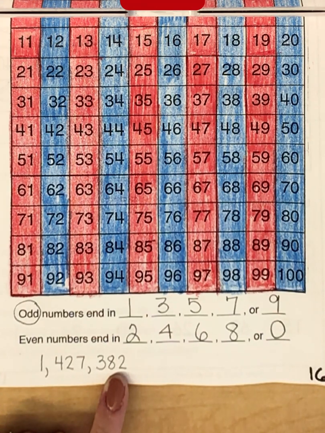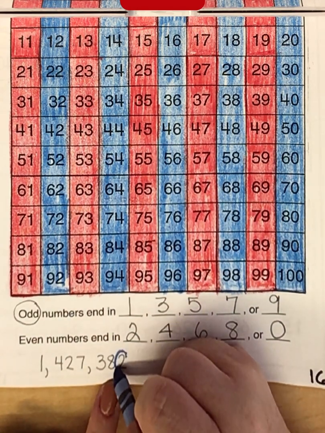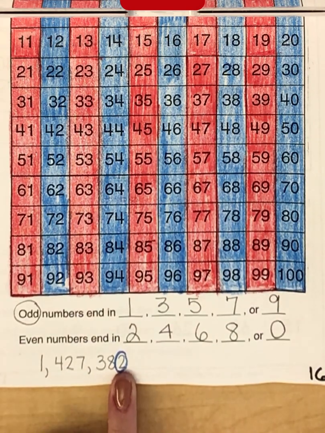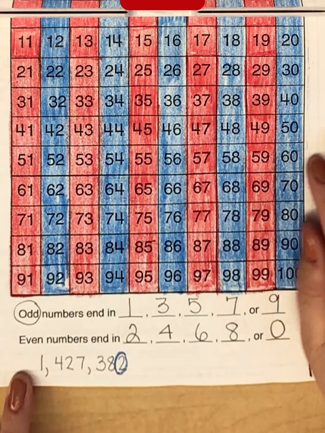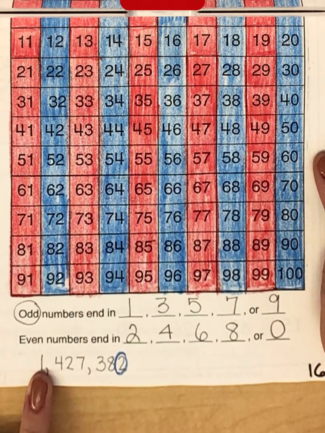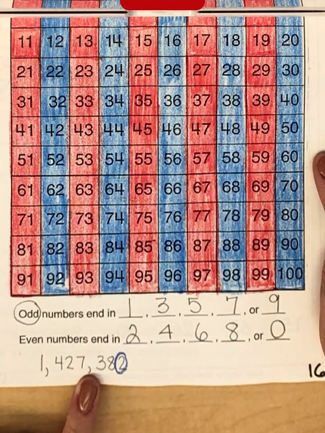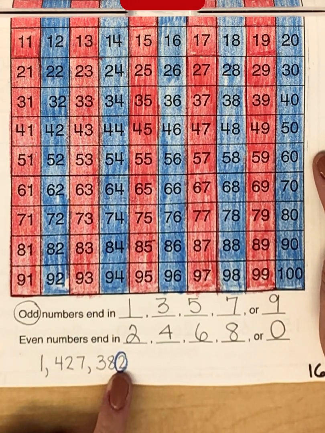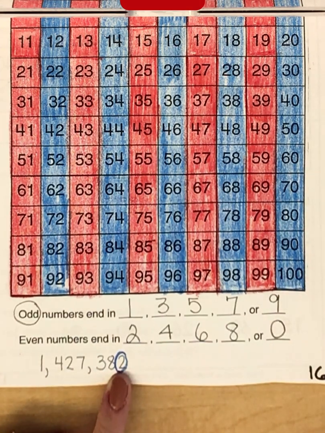What number is in the ones place? If you said 2, you're right. So because there is a 2 in the ones place, this number is an even number. So 1,427,382 is an even number.